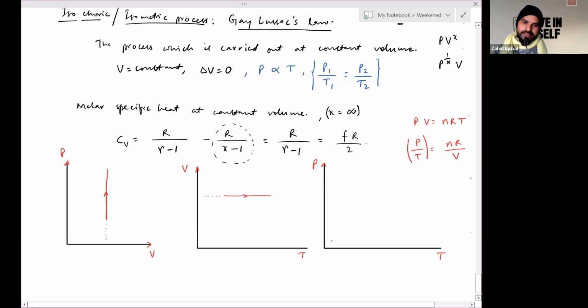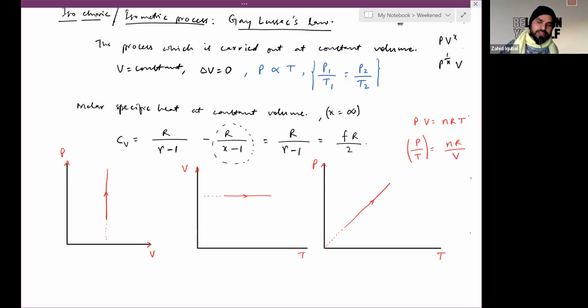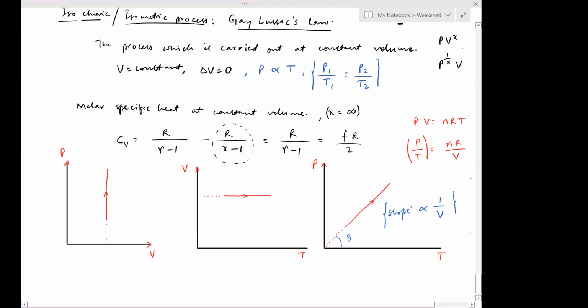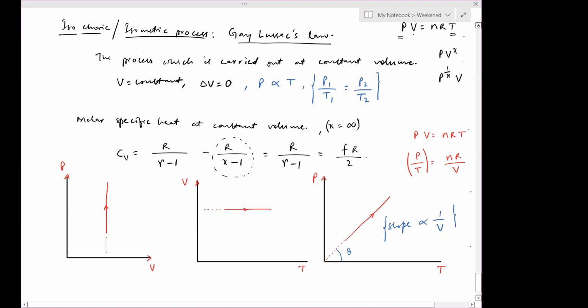Since these two are directly proportional, the graph will be a straight line like this. So slope will be inversely proportional to volume. So greater the slope of pressure versus temperature, the smaller the volume. So Maya, is it clear? Yes, sir. Okay, just write it down.